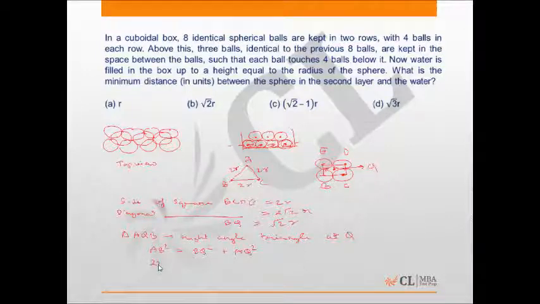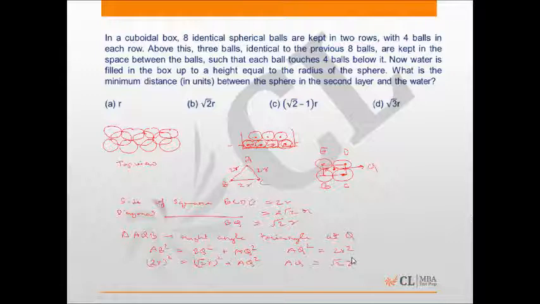AB I know is 2r, BQ I know is root 2 r. So I'll get my AQ square as 2r square, or AQ is equal to root 2 r. Now I've got my AQ.